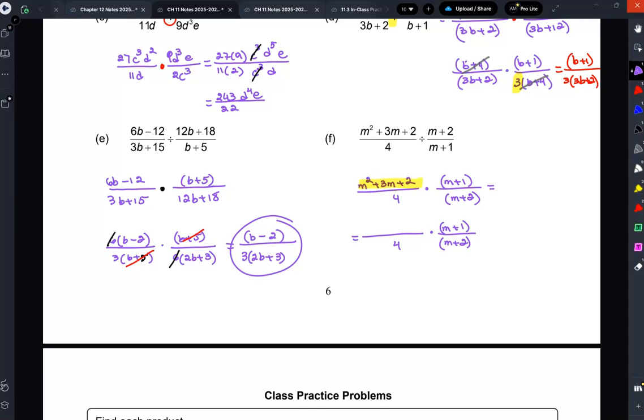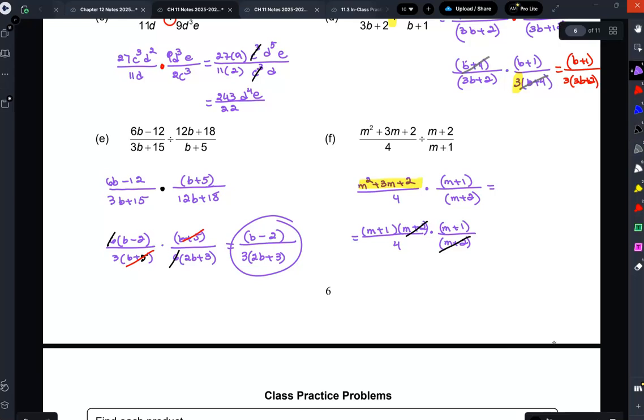Go, continue. m plus 1 and? m plus 2. Yeah. Okay? And then tell me, what reduces? Are there any identical parentheses on the top and on the bottom? The m plus 2 and the m plus 2.